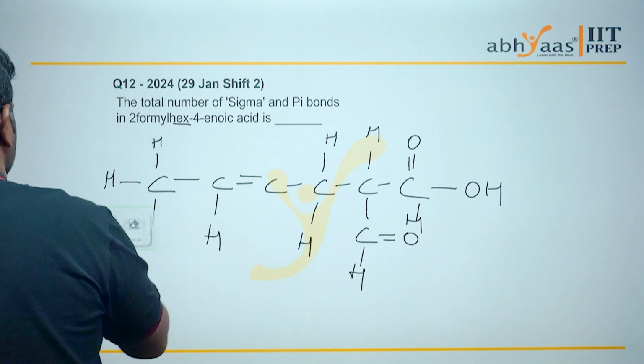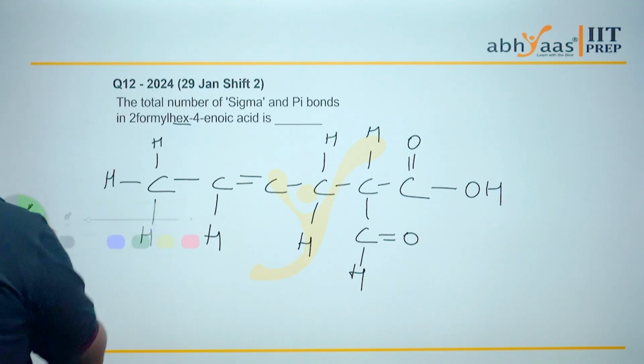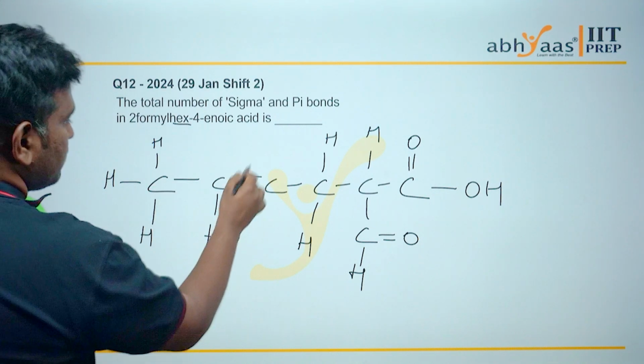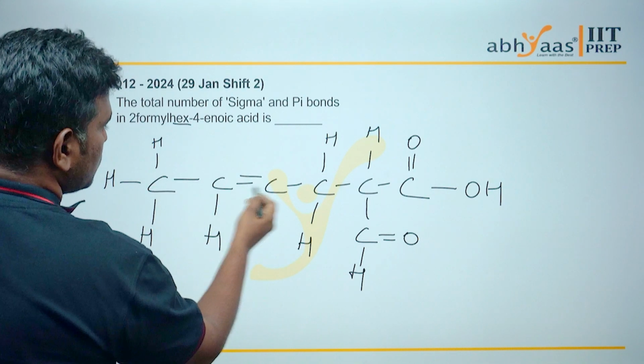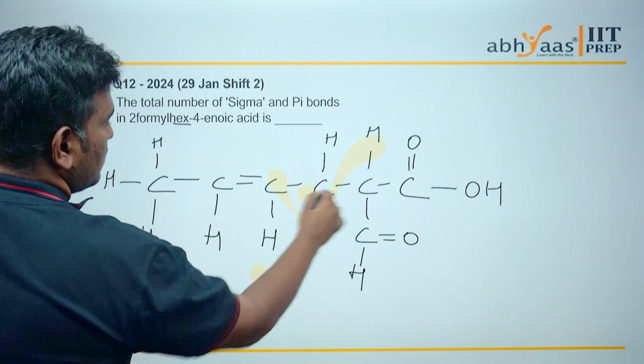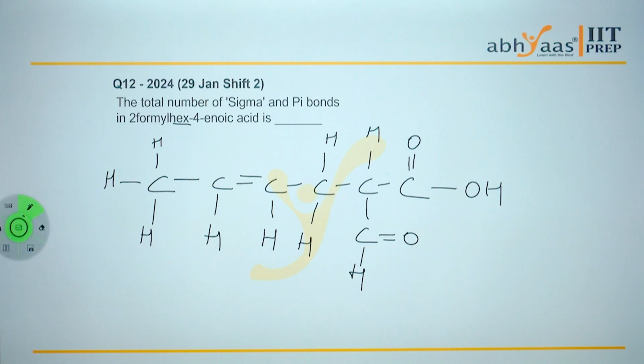So I guess all the bonds are written, 1, 2, 3, 4. Here we will be having 1, 2, 3. So one more hydrogen should be there. 1, 2, 3, 4. 1, 2, 3, 4. Right.